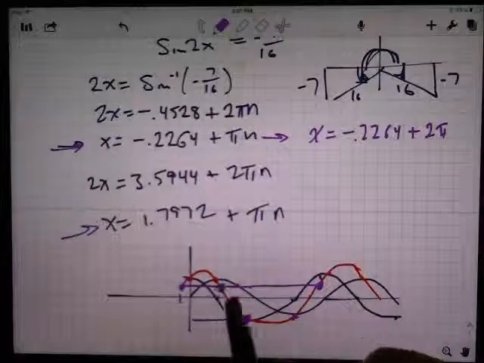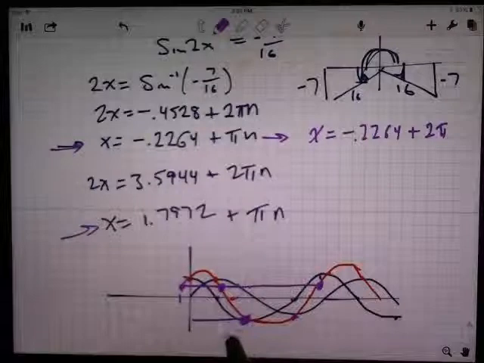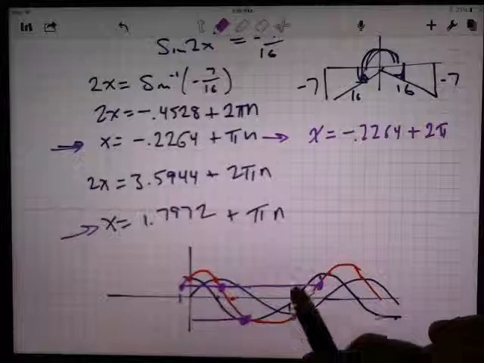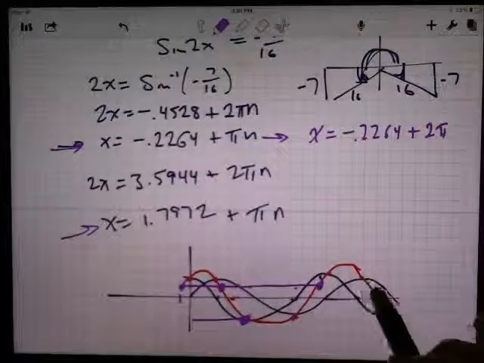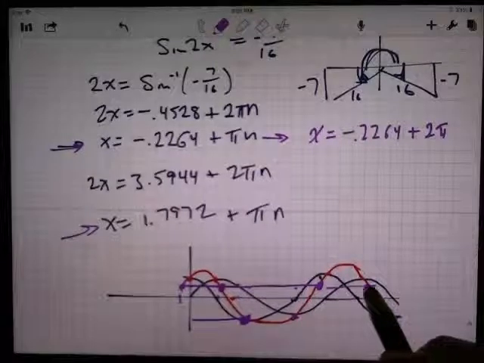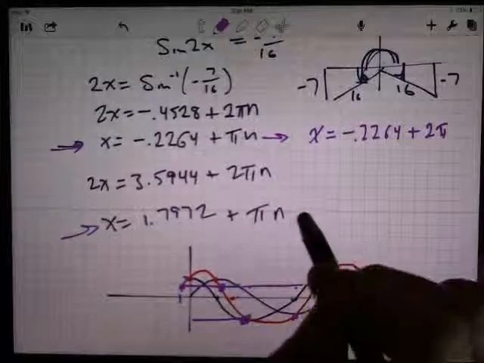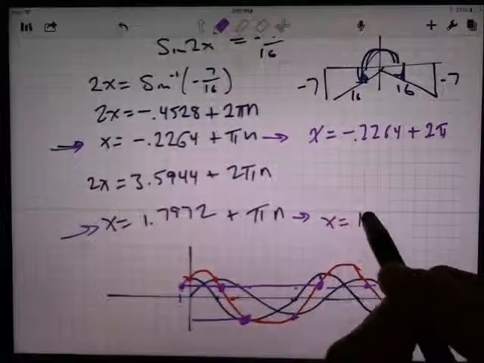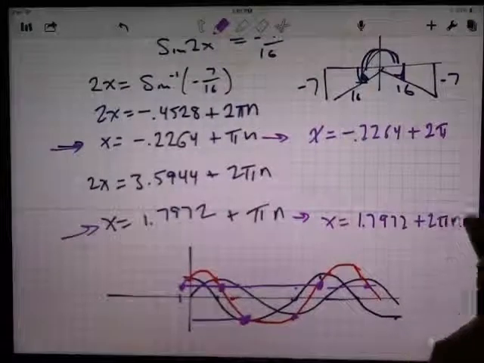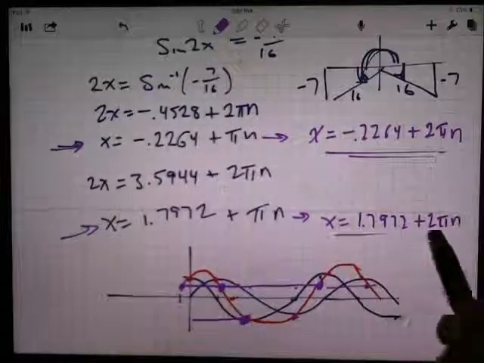That's this one. When I add on pi to that, it gets me to here, and that's this negative one again. When I add on 2 pi, it gets me clear back over to here, where that line hits. It's like, all right, again, I don't want all of these. I want every other one. So what I really want is x equal 1.7972 plus 2 pi n. Okay. So these are the ones that work.